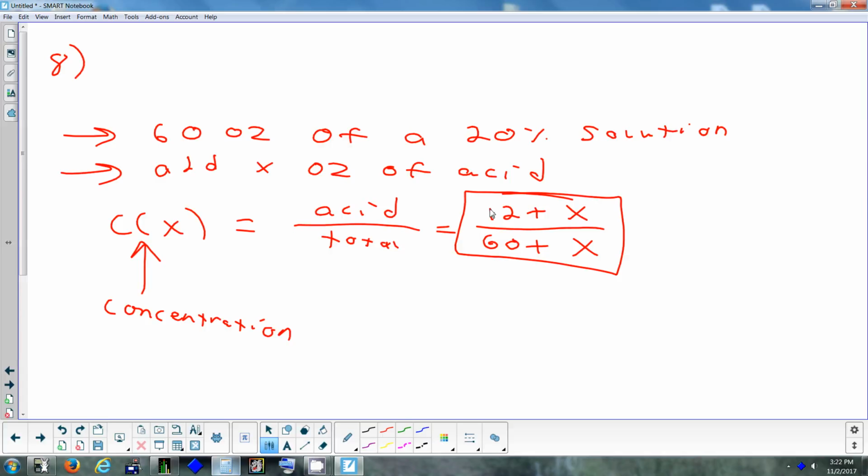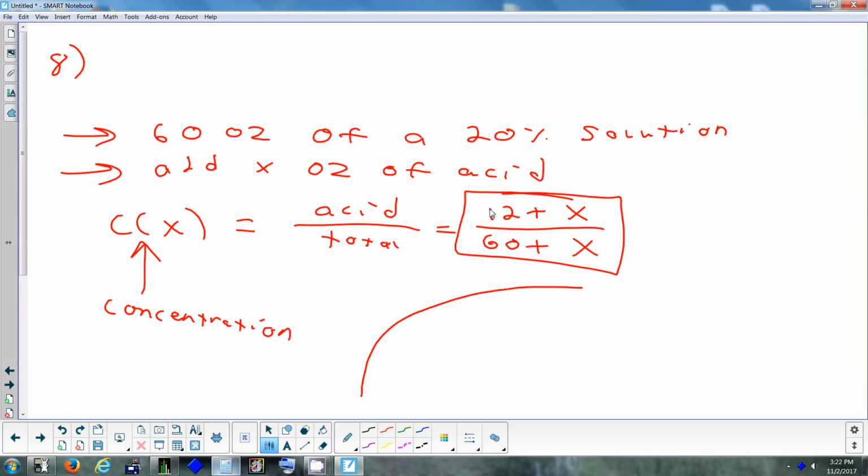Now, if you graph that, it's going to look something like this. It's going to look like a curve that goes up. The more acid you add, the higher the concentration goes. So now, if I said something like, tell me when you would have a 50% solution, how would you do that using the calculator?